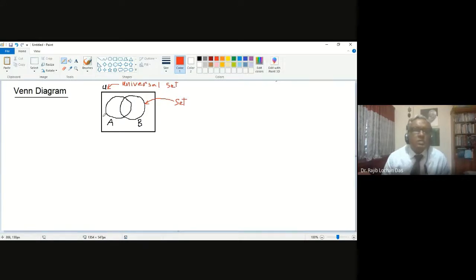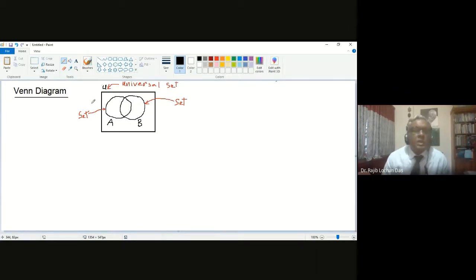One set is small, another set is big, but the size of the circle does not matter. Small circle will be small set, big circle will be big set. This is not the idea; this is not correct. Okay, you understand what I'm saying? Small or big does not matter, just the boundary. So the whole figure is called a Venn diagram.